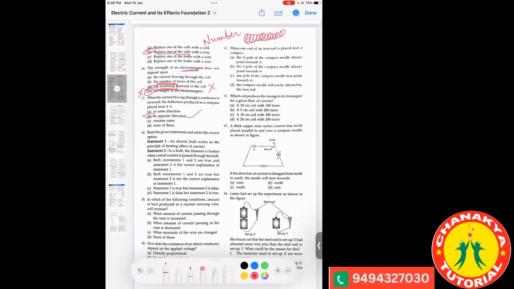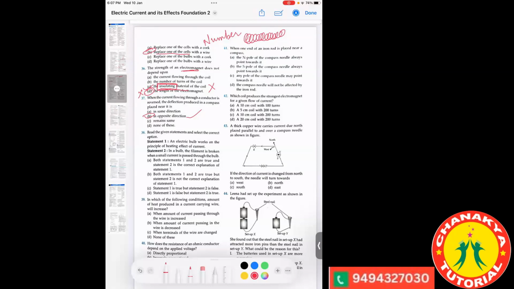So the current flowing through a conductor is reversed in the opposite direction. The deflection produced in a compass placed near it is. So what happened to it? When we are reversing the current, the deflection will start producing in the opposite direction.